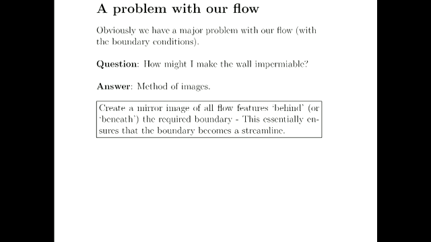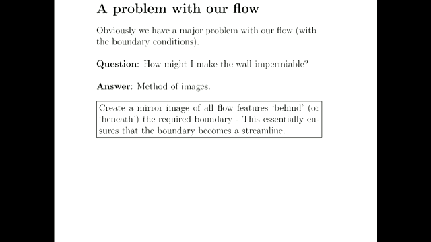So the solid boundary becomes the mirror plane within our flow field, and we just generate mirror images of all those building block flows below that. And we'll see that if we do that, it basically ensures that the boundary, that solid boundary, becomes a streamline.